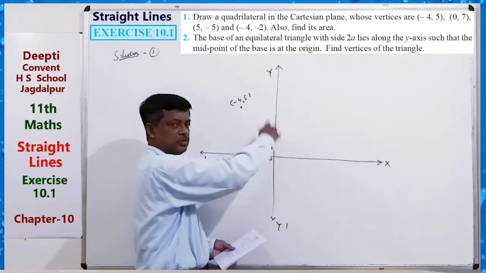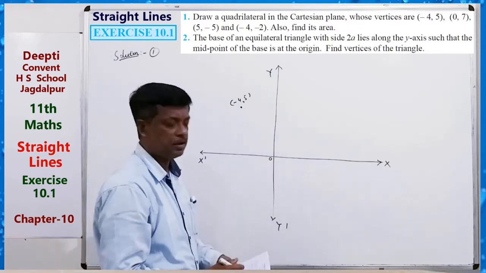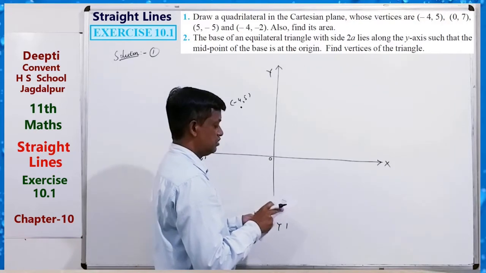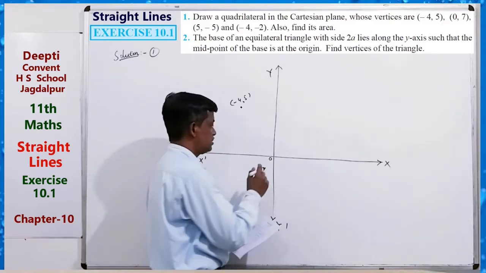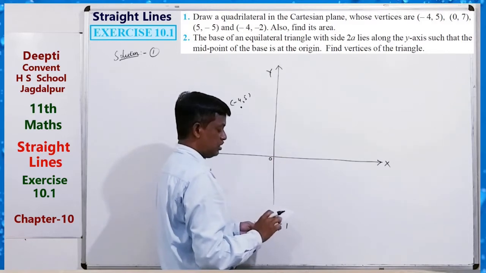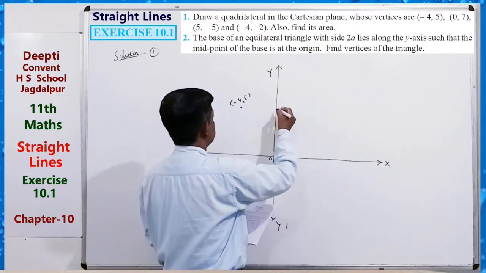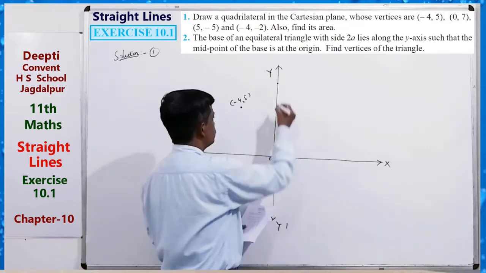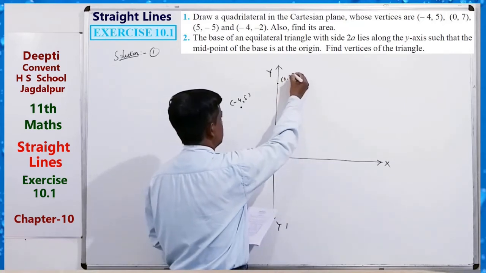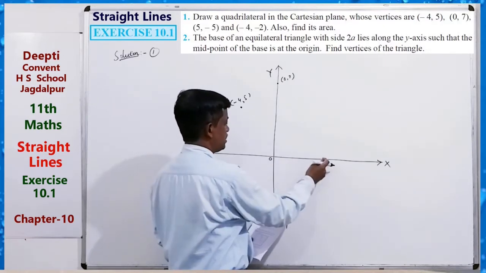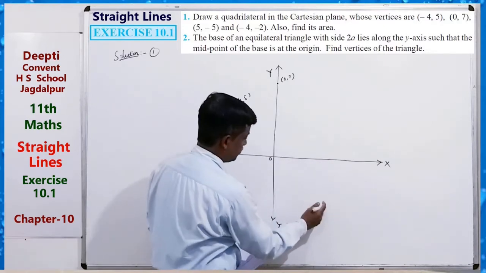You have to draw the scale also. The point (0, 7): the first value 0 means x equals 0 and y equals 7, so it is here. Then (5, -5): 5 is positive and -5 is negative, so the point may be here.